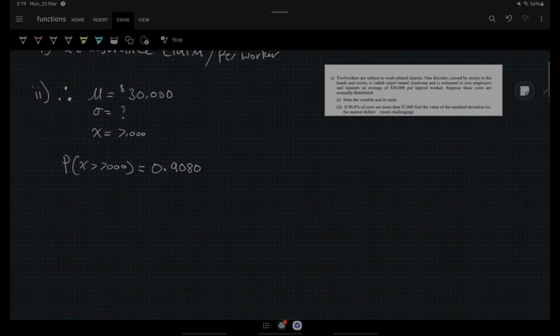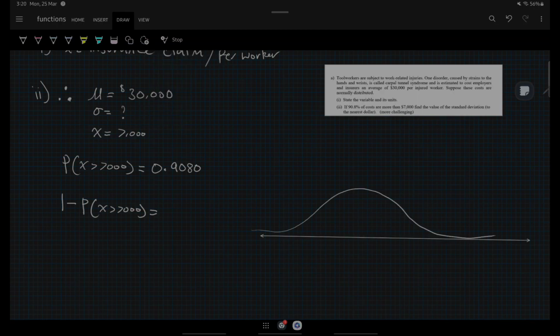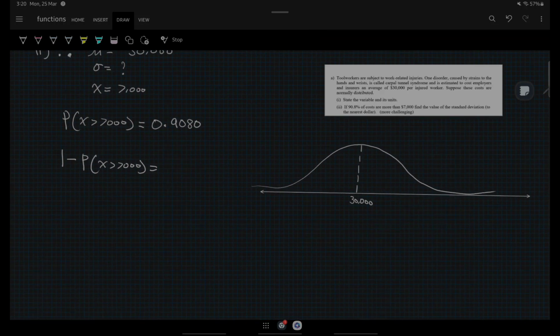Okay, so next, what are we going to figure out? If we know that the probability of X is greater than 7,000 equals 90.8%, the complement will give us the rest of the probability density function area, which I'll see if we can draw. So if you compute this, you get 0.092.